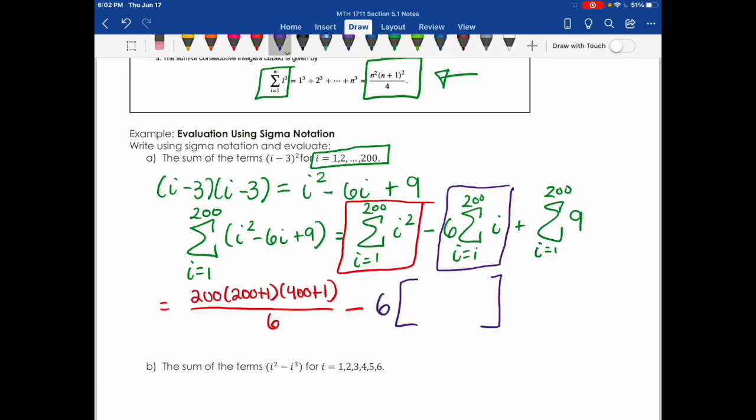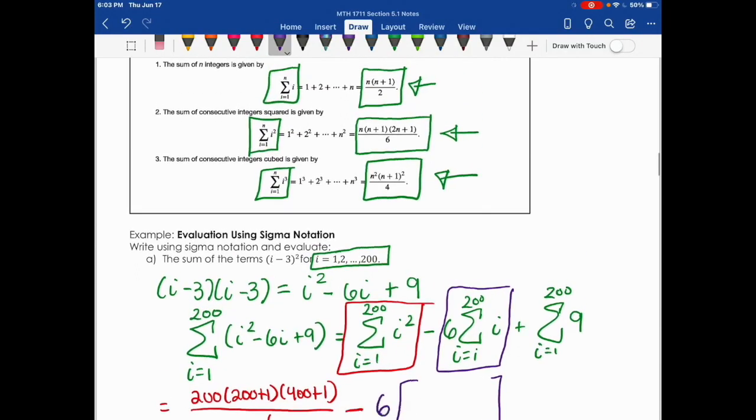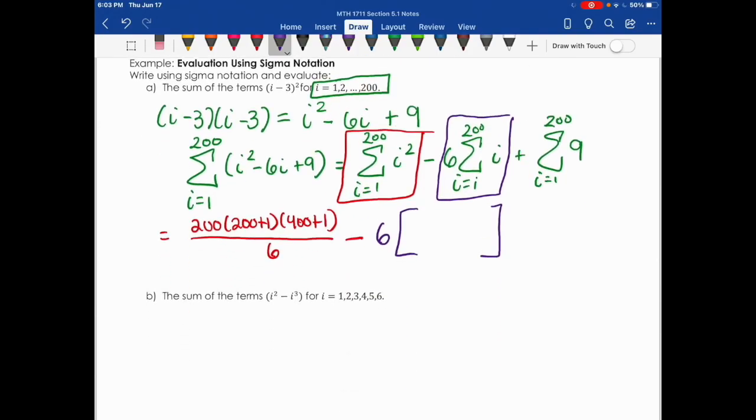Now for the second term, I'm going to subtract 6 times what I get when I find the formula for the sum of i. So I is this first formula: n times n plus 1, divided by 2.